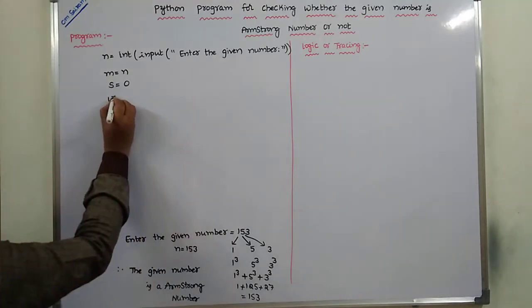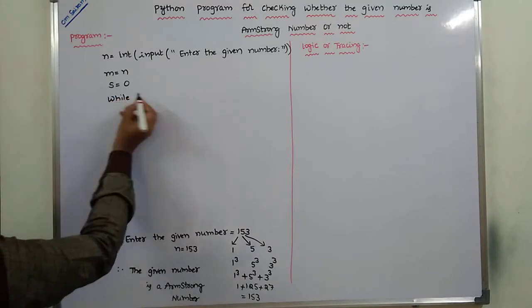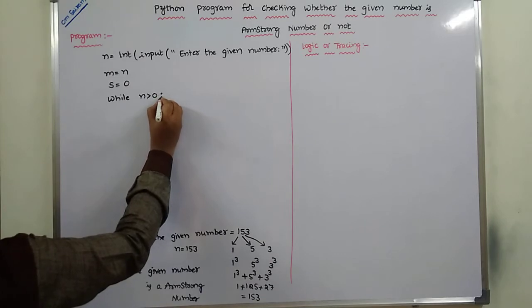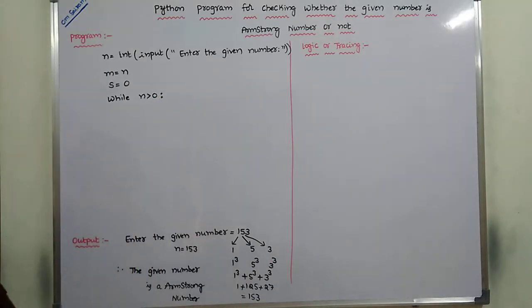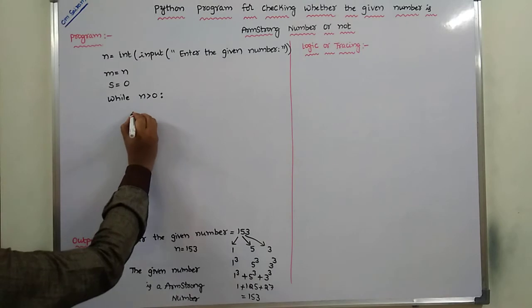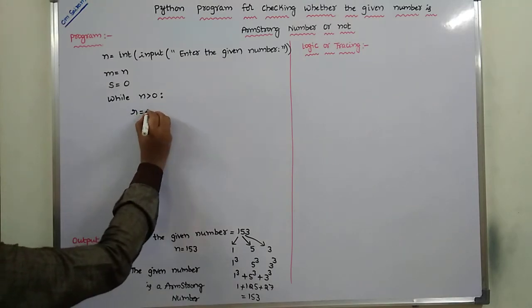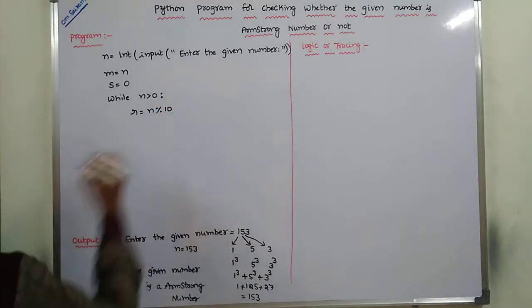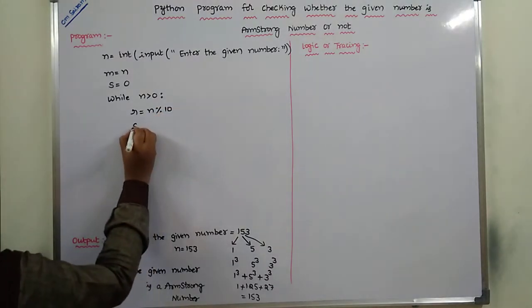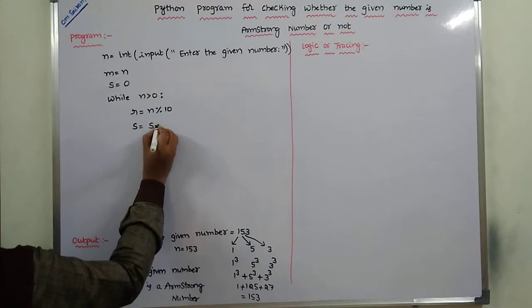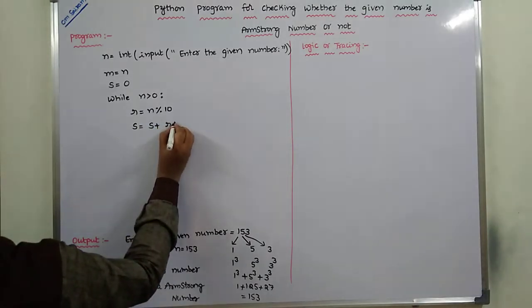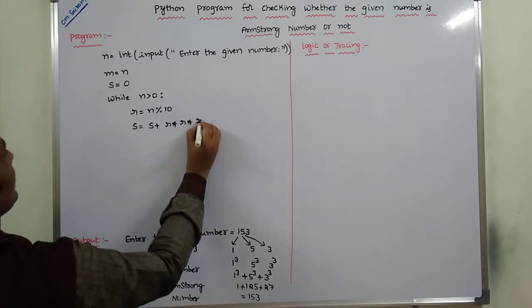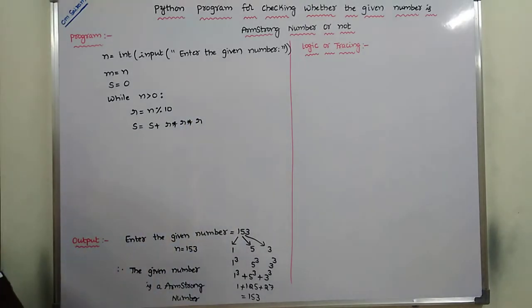Next one, while n greater than 0, here colon is compulsory. Okay, next one, r is equal to n modulus operator 10. Next one, s is equal to s plus r into r, that means s plus r cube.